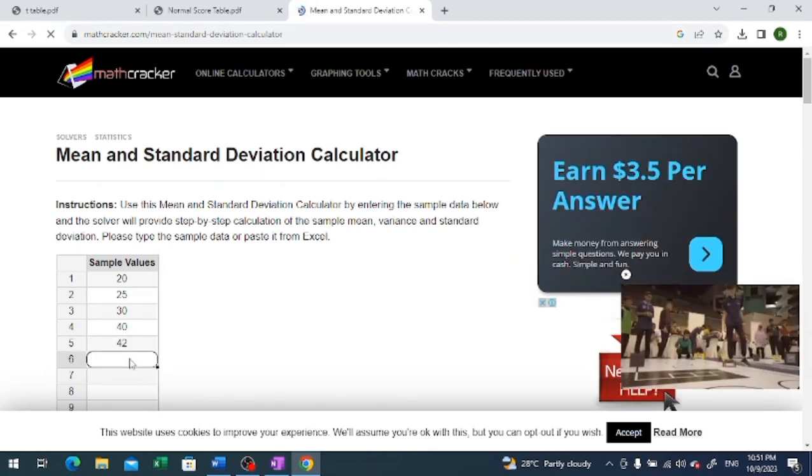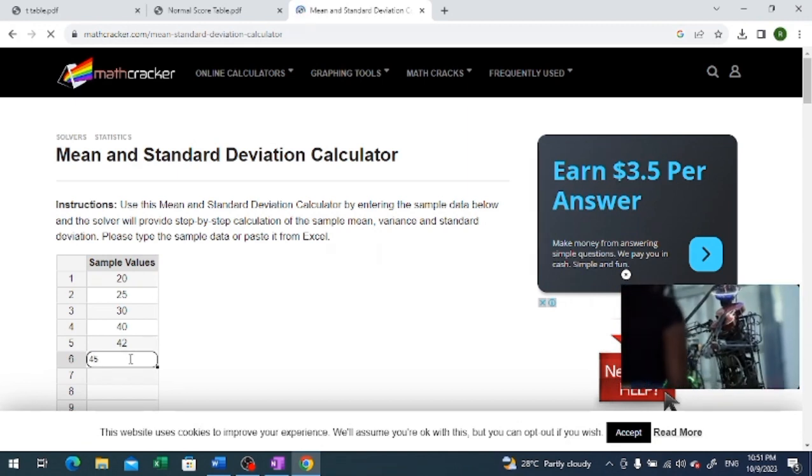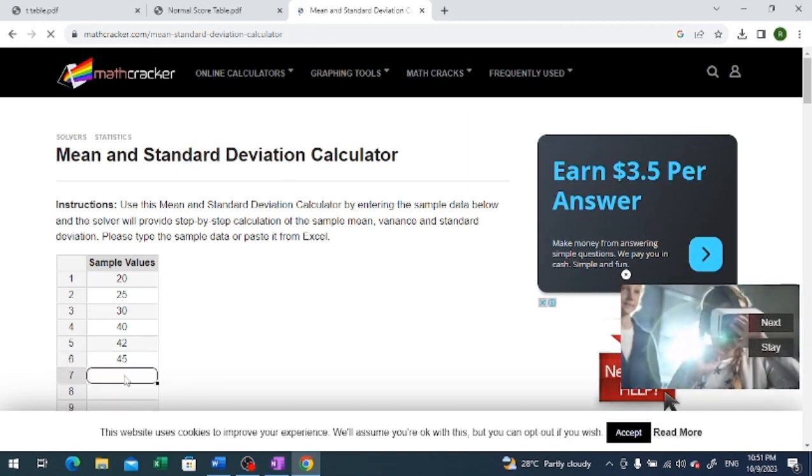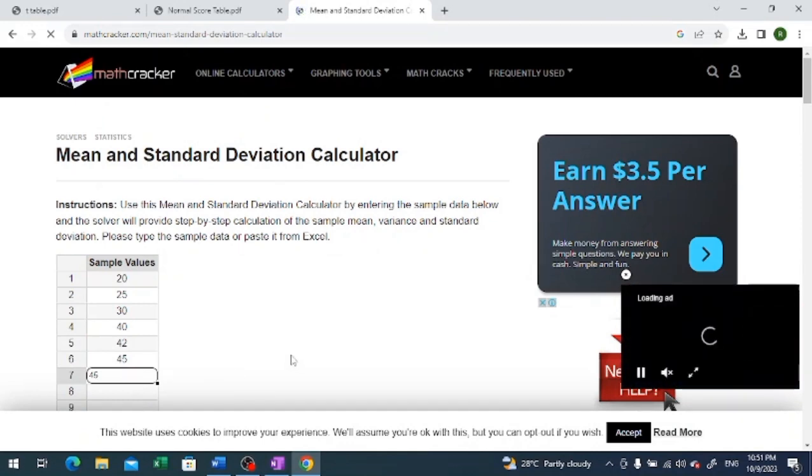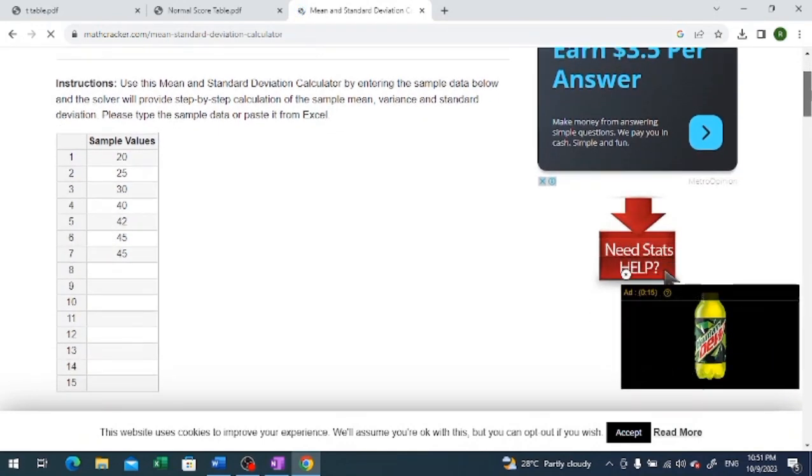We can alternatively use Excel as well, but in your case you are bound to use your calculators because in the exam you have to use it. Then after 45 we have 50, 52 and 60.